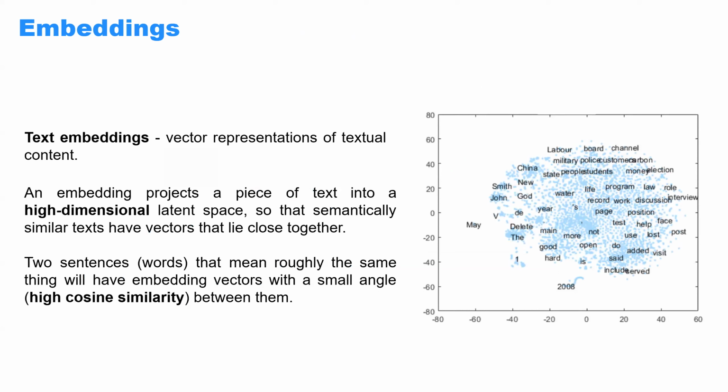So text is just a set of words and letters, but a computer doesn't work with text. It works with floats, integers, and other decimals.